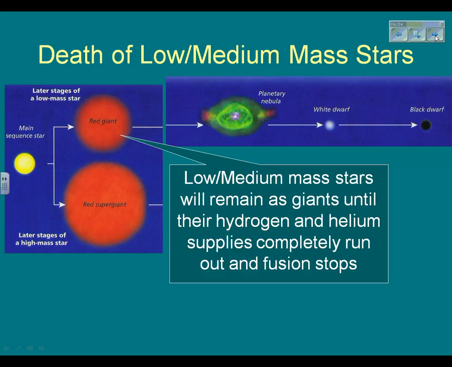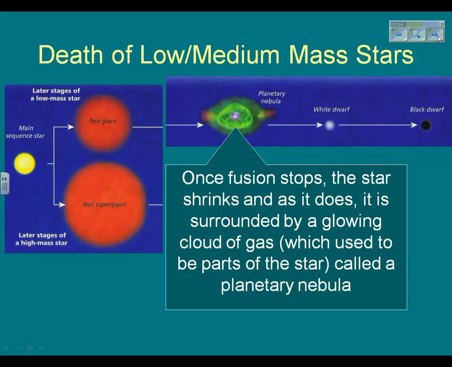Once fusion stops, what takes over? Gravity. But now gravity is acting over a lot bigger area, because all that expansion has taken place originally. So gravity starts pulling the middle stuff together, but there's still hot gas around it.